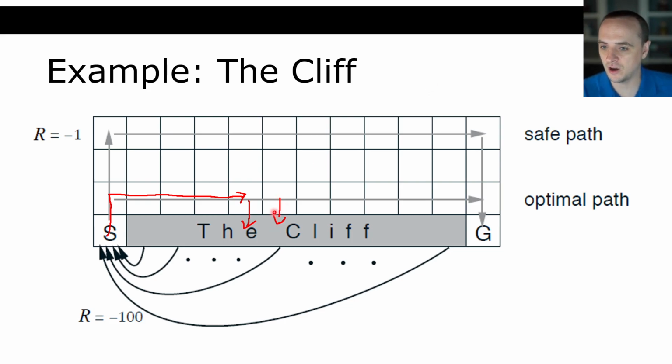So if going down is -100 and going right is -1, let's say you had a 10% chance of taking a random action, right? So a 10% chance of taking a random action means that if you were here, you would have a 2.5% chance of going downward onto the cliff.